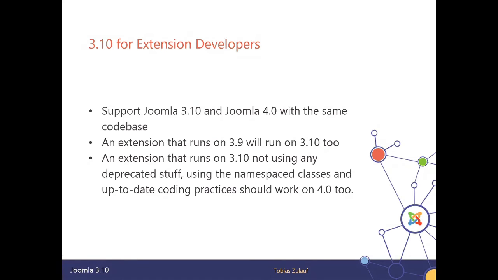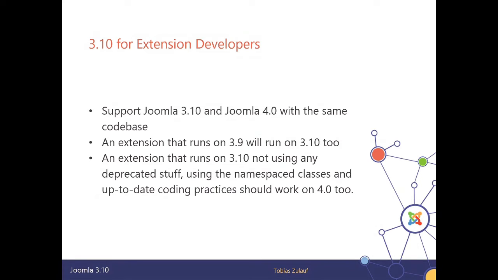We didn't break any backwards compatibility intentionally. With 4, this isn't the case. So it could be that an extension that runs on 3.9 and 3.10 doesn't work on Joomla 4. But usually when you don't use any deprecated stuff and use namespaced classes that are available since 3.9, it should work on Joomla 4, or at least with minimal impact.